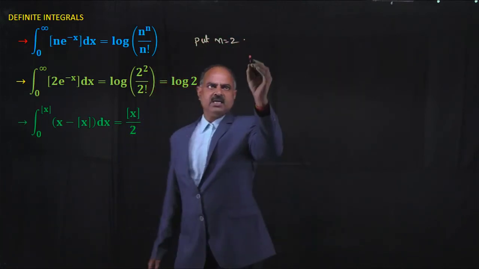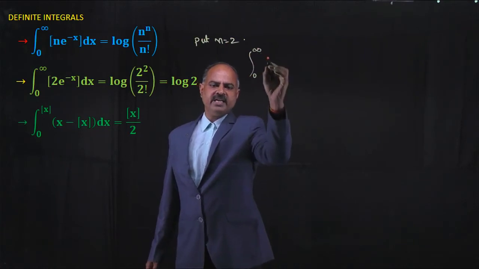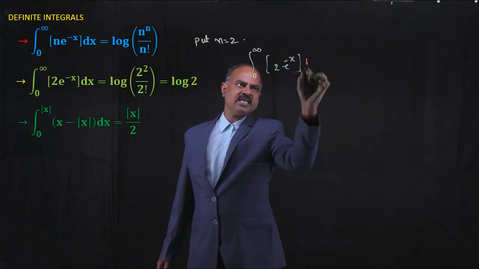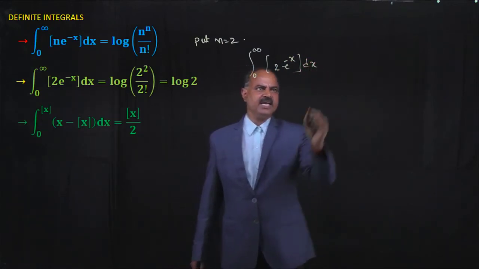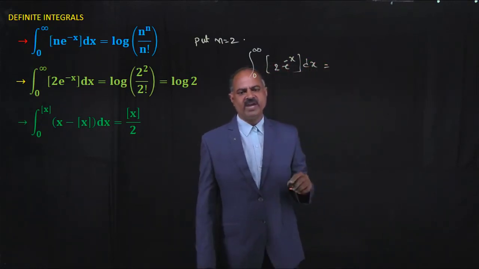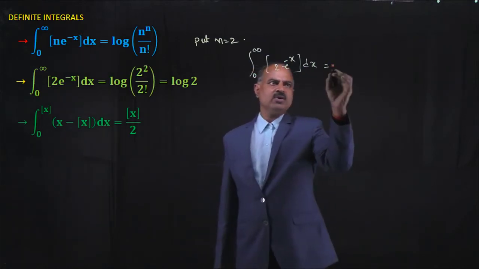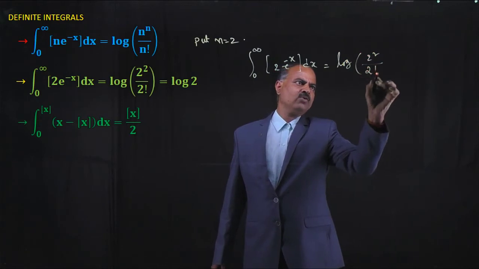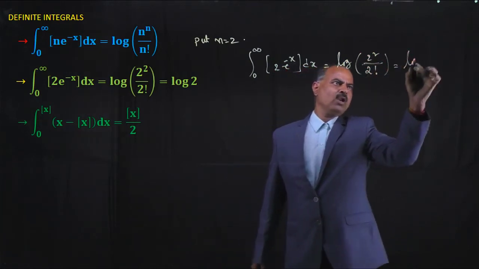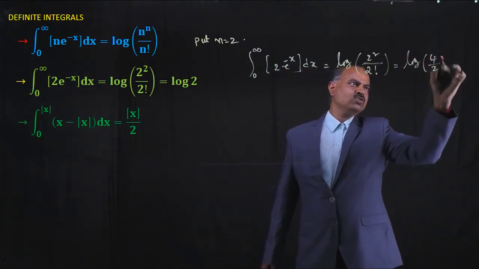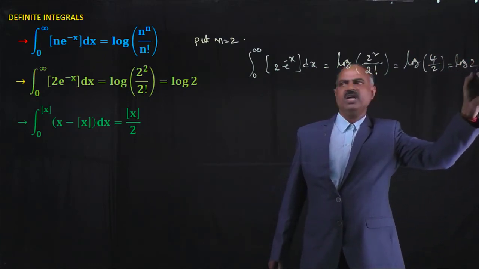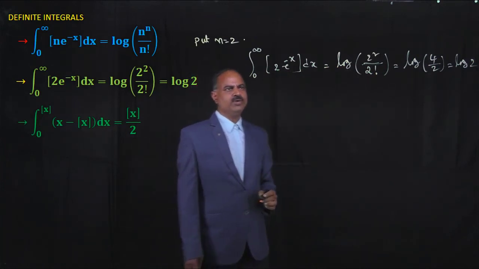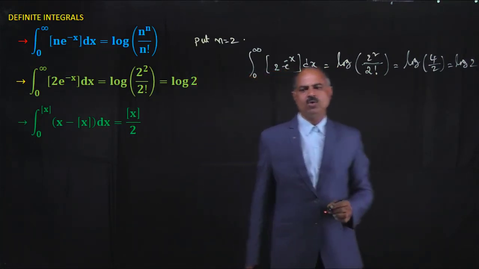So we get integral 0 to infinity of floor of 2 into e power minus x dx equals log of n power n by n factorial. Here n is 2, so log of 2 square by 2 factorial. That is equal to log of 4 by 2, so that is equal to log 2. Therefore integral 0 to infinity of floor of 2 into e power minus x dx equals log 2.